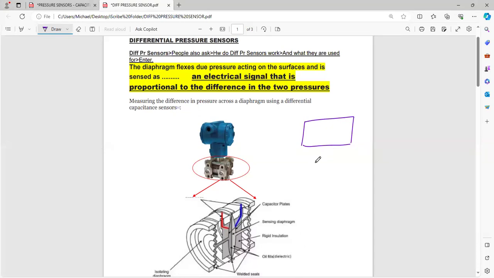The oil comes over here, and inside, if you open it, there is a spring, isn't it? And then you have that adjustment. If you take out the cover, you'll find the adjustment whereby you can adjust the spring. And then you have your contacts, normally open and normally closed.